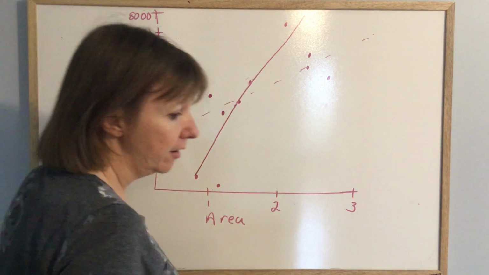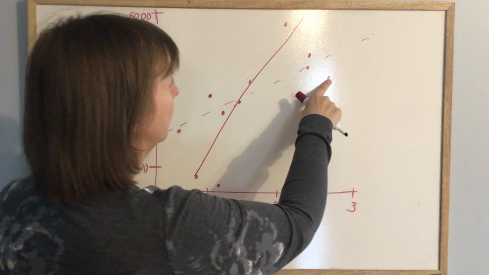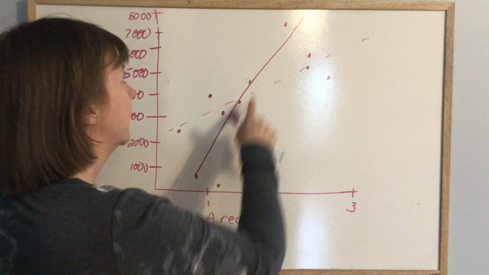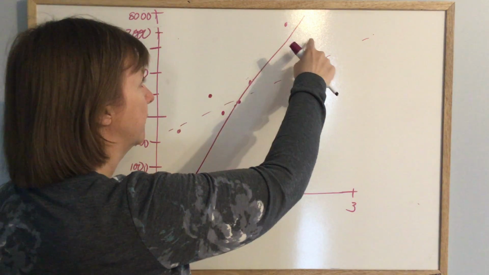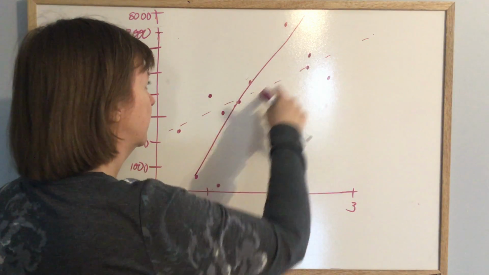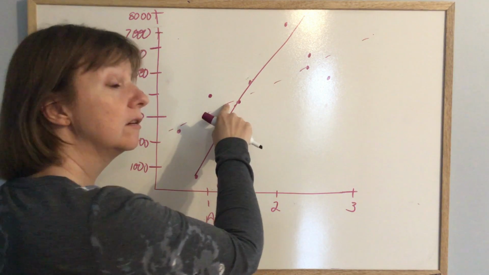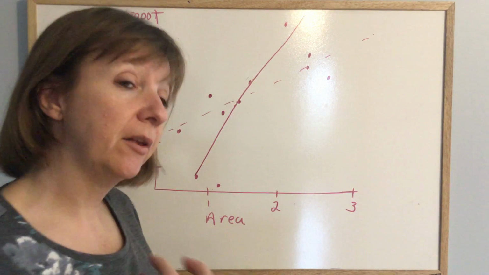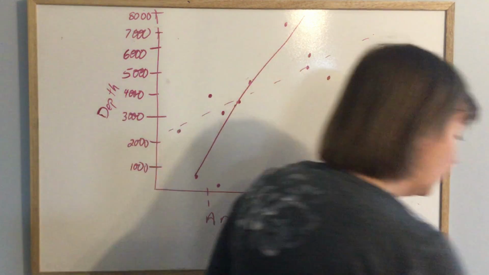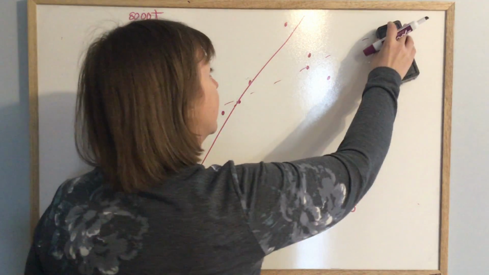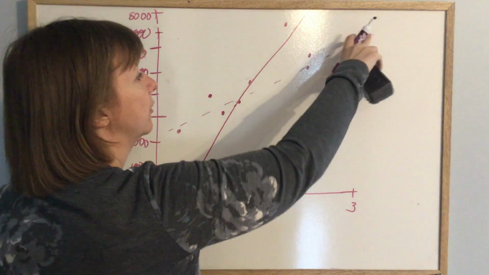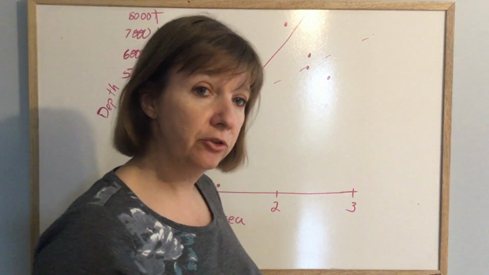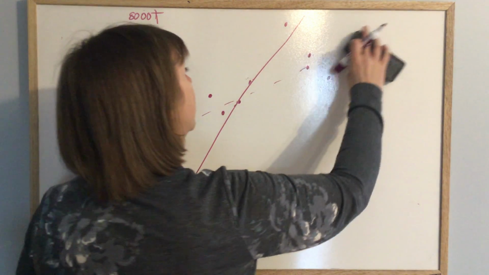Now, I know in my line of best fit, this one's quite a ways away, but it's not as far as, say, this dot is to this line. So there is a best way to do it. While the dotted line I put on there might seem reasonable as a line of best fit, it's not your best option.